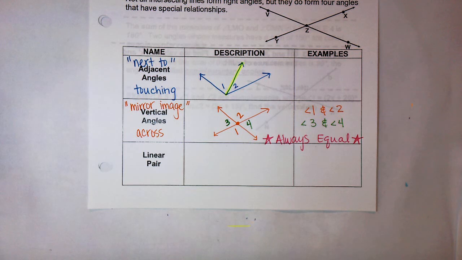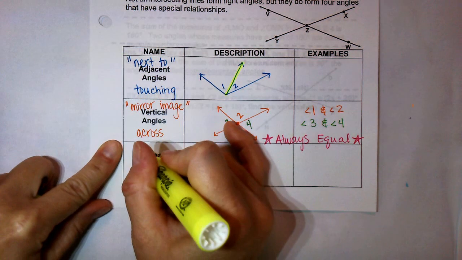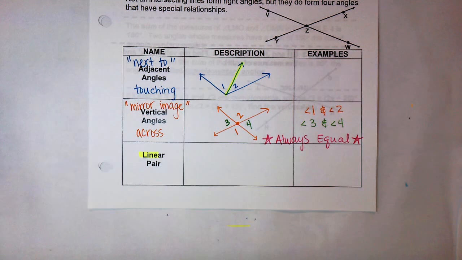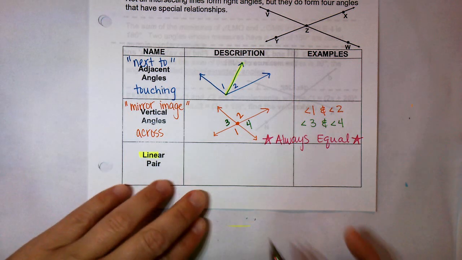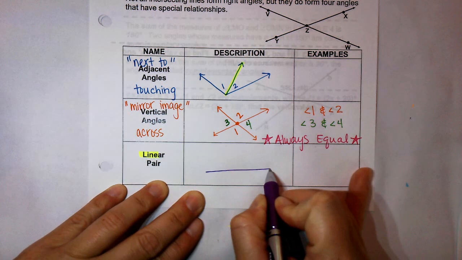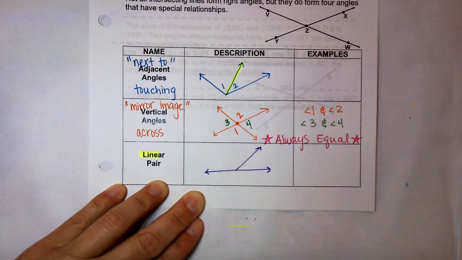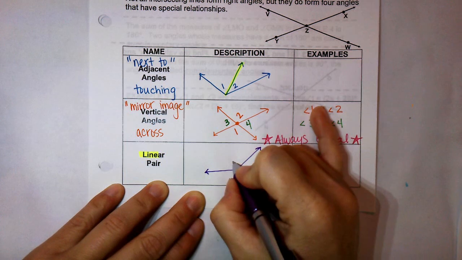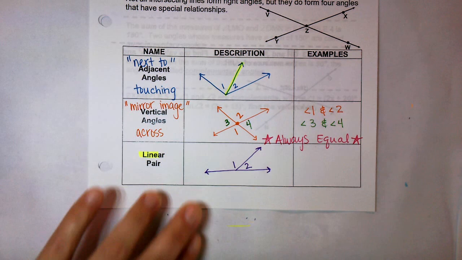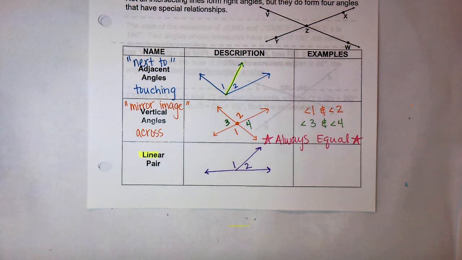What about linear pair? What do you think linear means? If it's a linear pair, yeah, it's going to make a straight line. It's two angles that make a straight line. So, if I have angle 1 and angle 2, they come together to make a straight line.